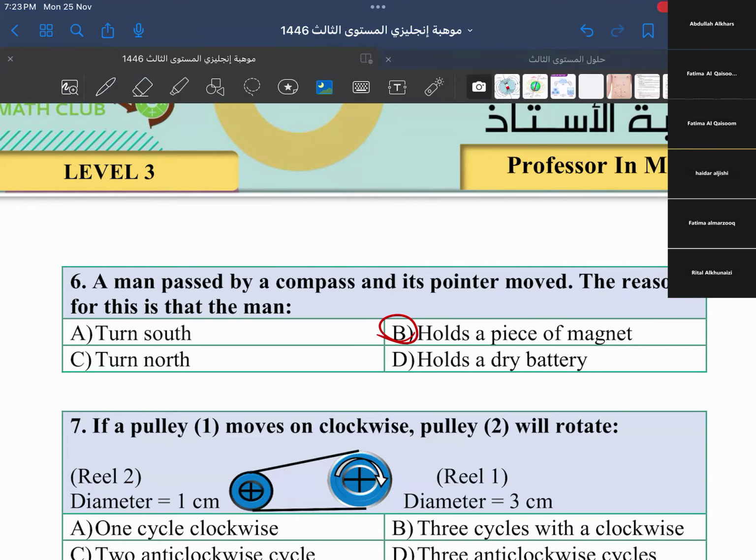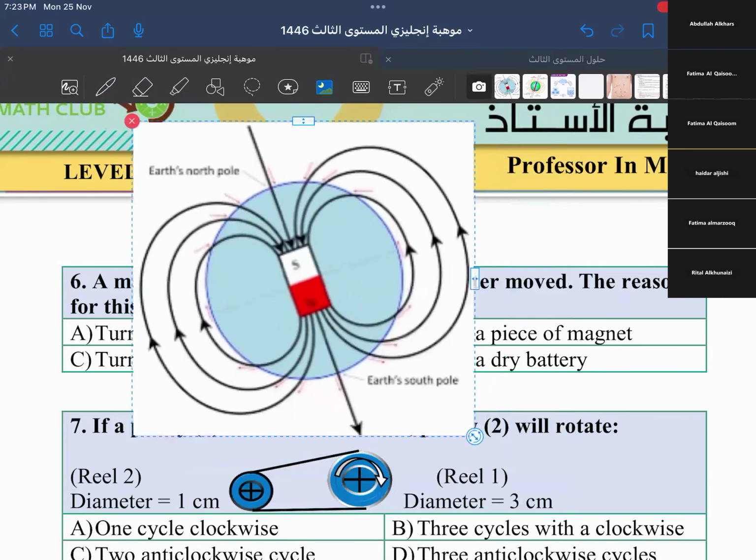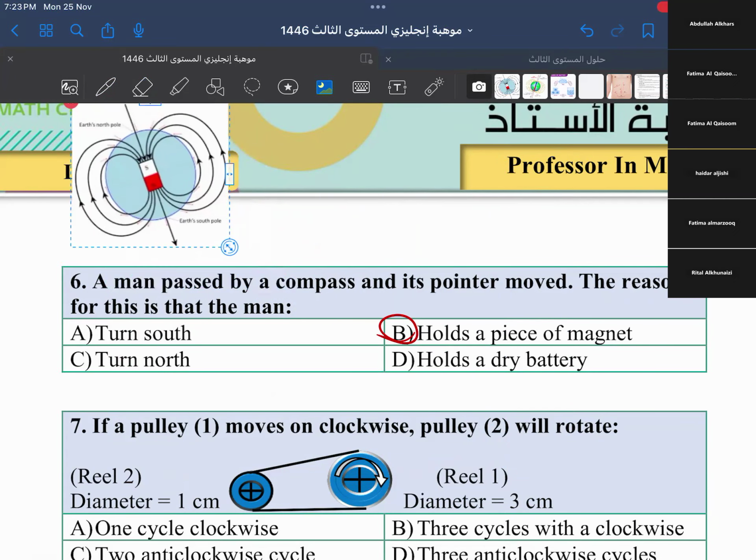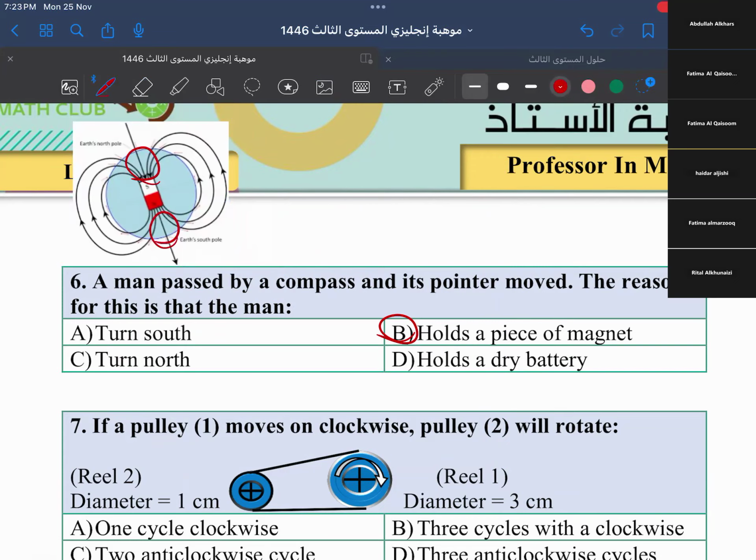Our Earth is actually a big magnet that has a south pole and a north pole. So this needle is acting upon this one, and that's why it's always going to north. The needle is always directing us to the north.